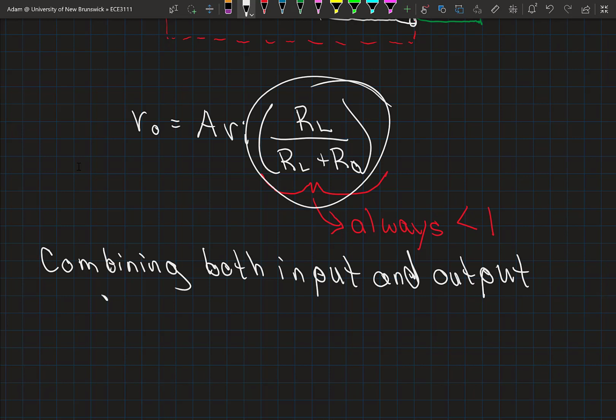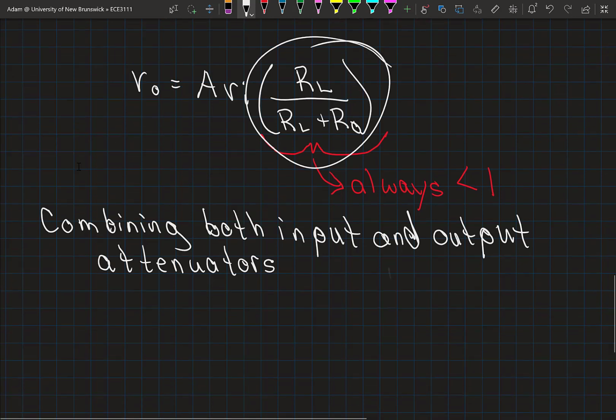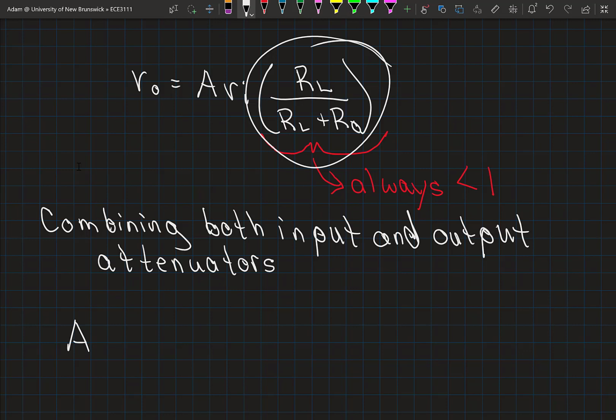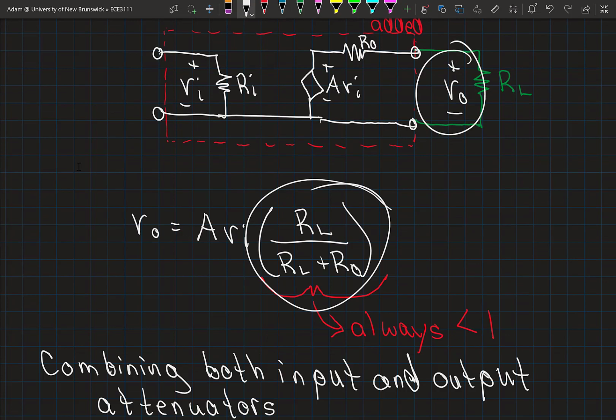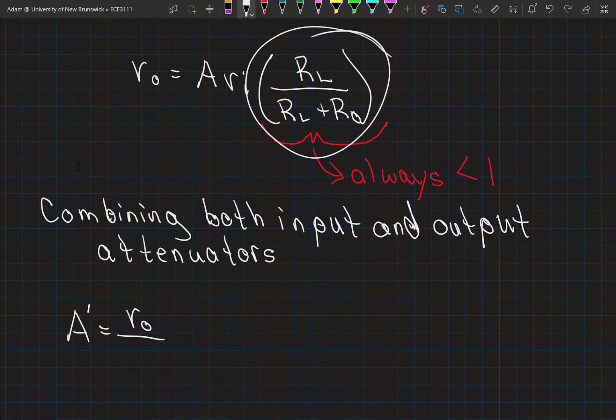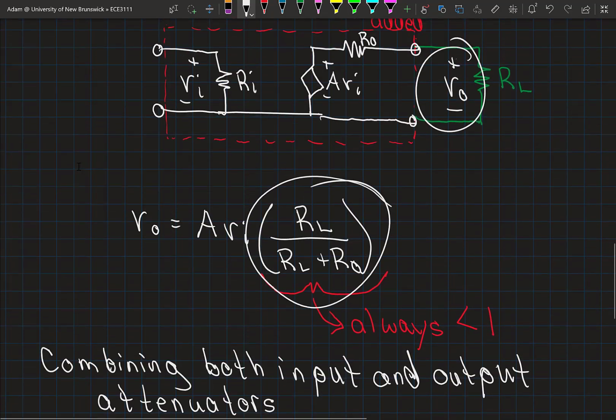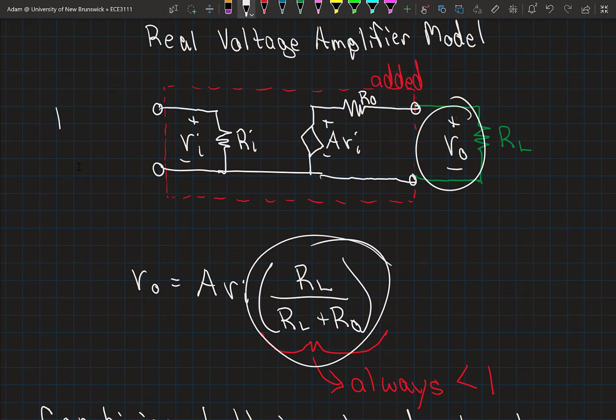An attenuator is just a device that reduces the gain. We now are going to get an effective gain, right? An effective gain being the gain that appears across my load, which we've called V out, as it relates to the voltage that's applied back here at the source. Maybe I'll add the source into this diagram as well, just for completeness. So this as compared to the voltage that's applied back at the source.